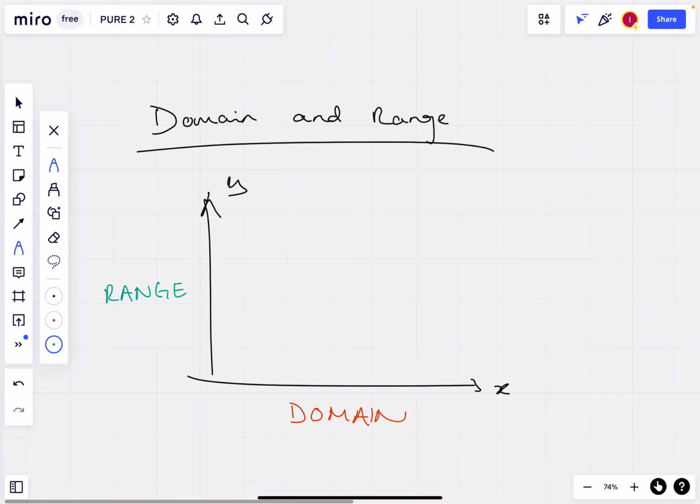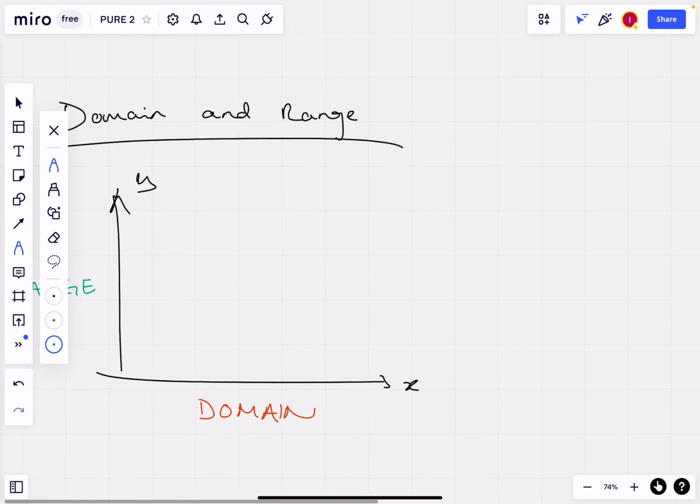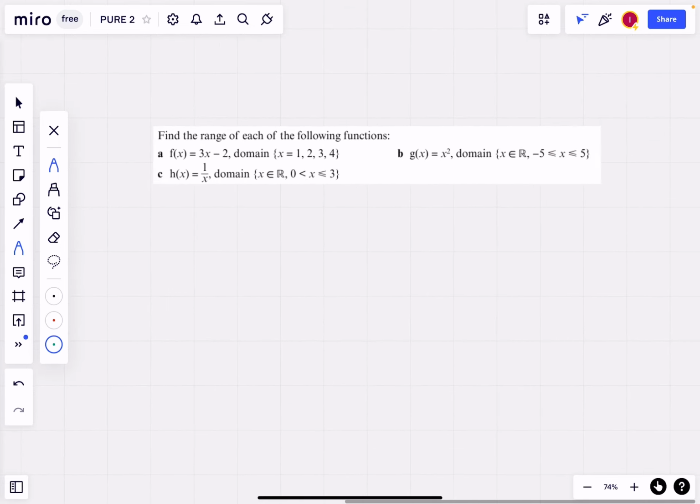Okay, that's how I want you to think about it. Domain is x values, range is y values. Okay, so let me take you through 3 examples.